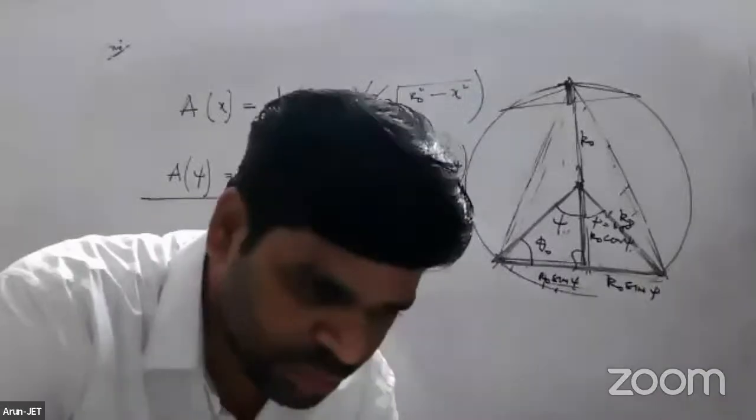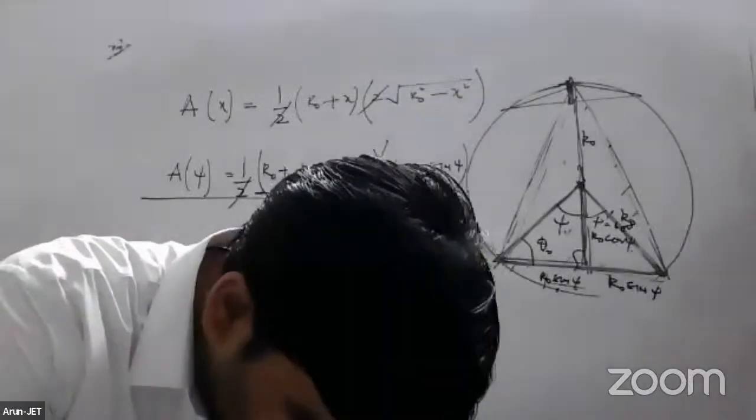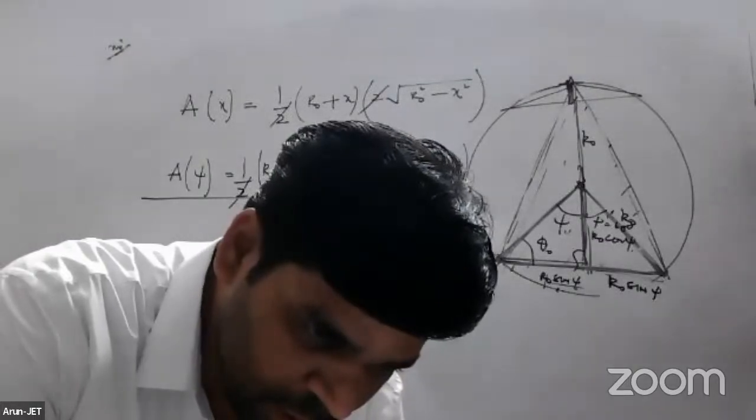Yes, sir, but I took the sine and cos reverse of what you took. I took the whole triangle BC. That's okay. I did the same, half into base into height, and then after that a simple method. Without differentiation, sir.